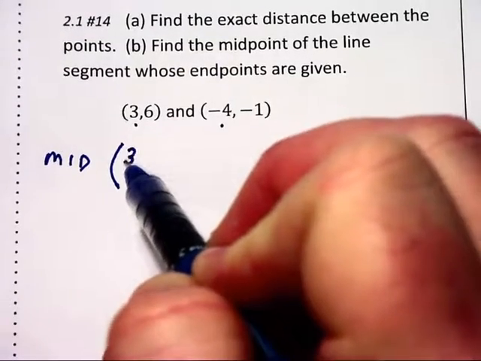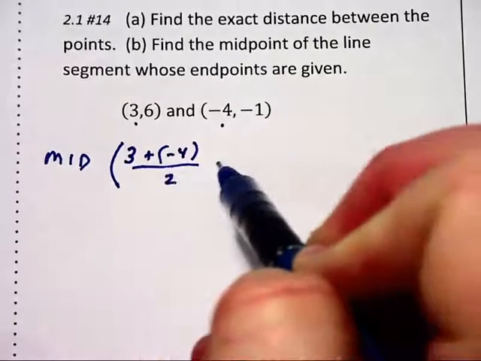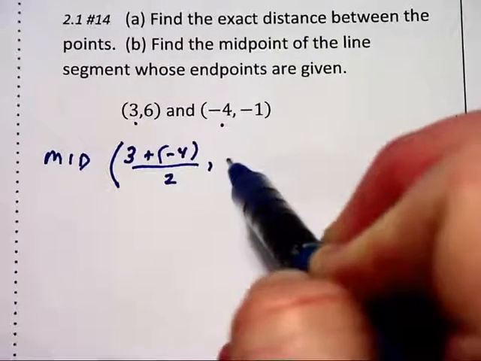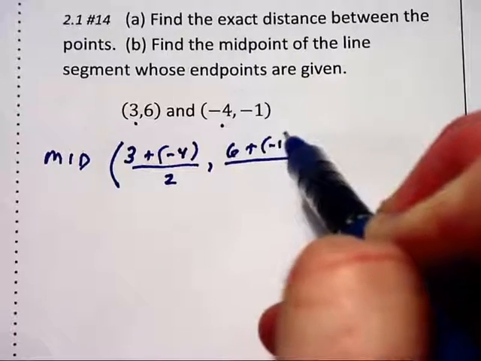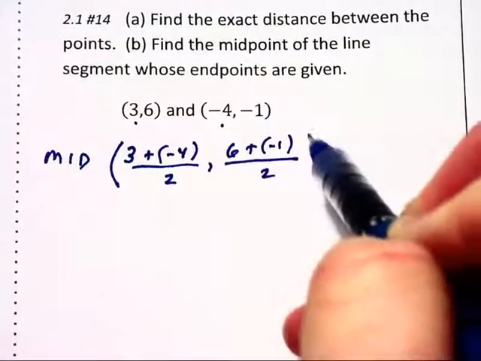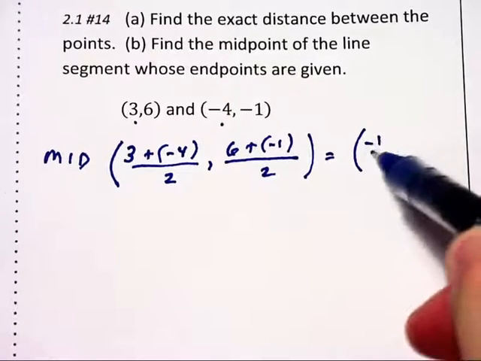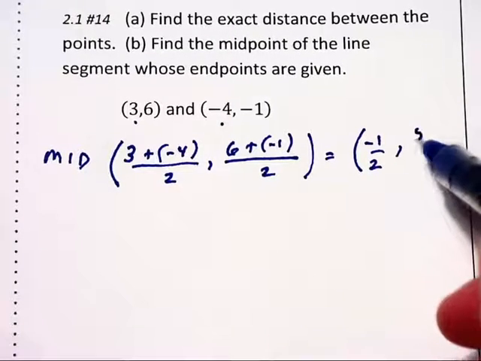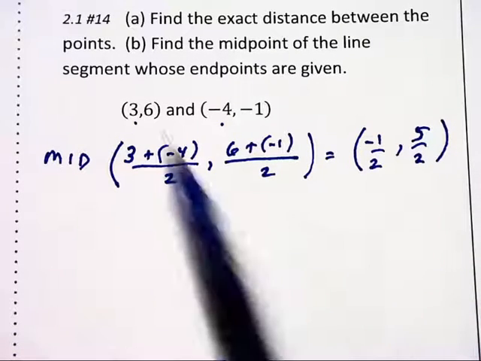So we will have 3 plus negative 4, add them up and divide by 2, comma, the average of the y's, which will be 6 plus negative 1, add them up, divide by 2. When you do the arithmetic, you then have negative 1/2, comma, 5/2 as the midpoint of the line segment joining these 2 points.